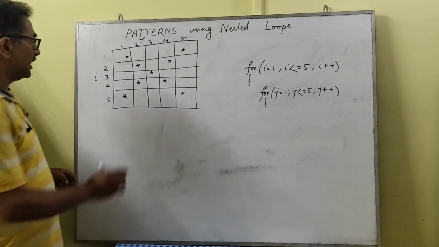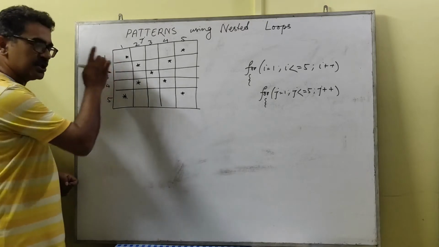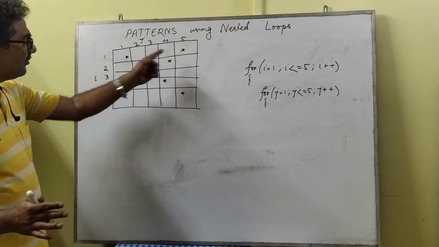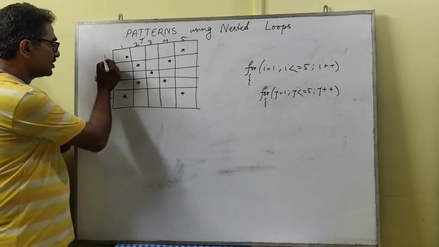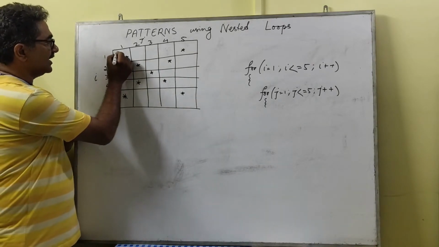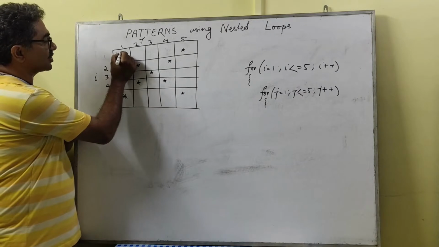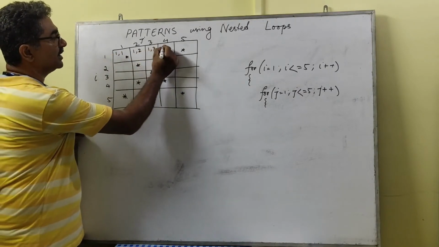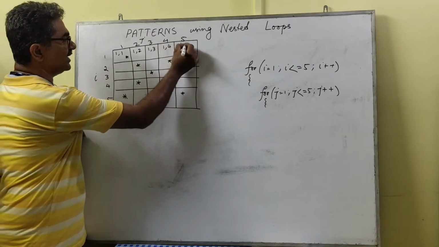Let's see. We are going to write the position represented by its row and column position of every cell in this grid. So here, this particular cell is in the first row, first column. First row, second column. This is first row, third column. First row, fourth column. That is how we write.